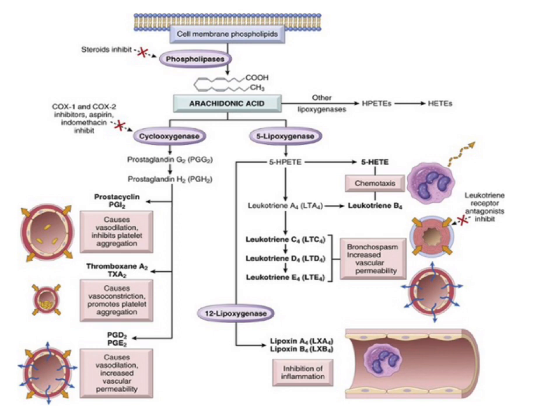Thromboxane A2 is responsible for the initial vasoconstriction. Generally, prostaglandins are vasodilators. The only exception here is thromboxane A2.